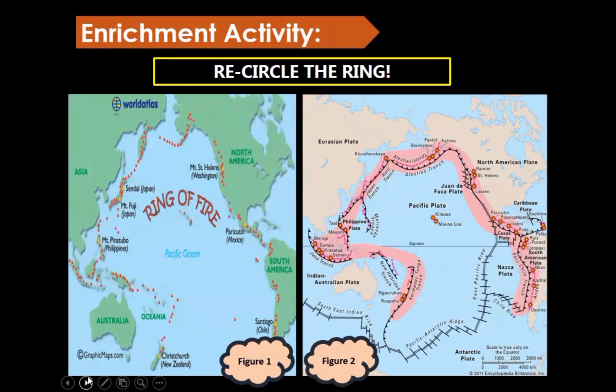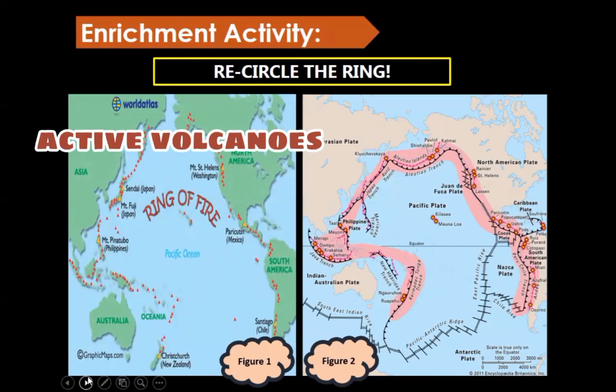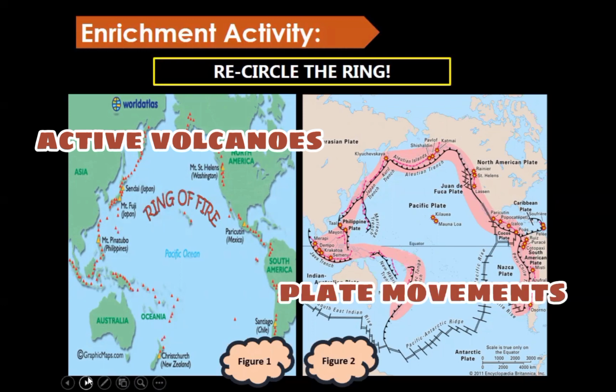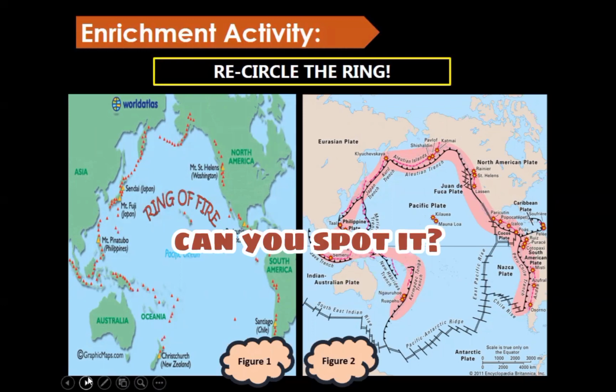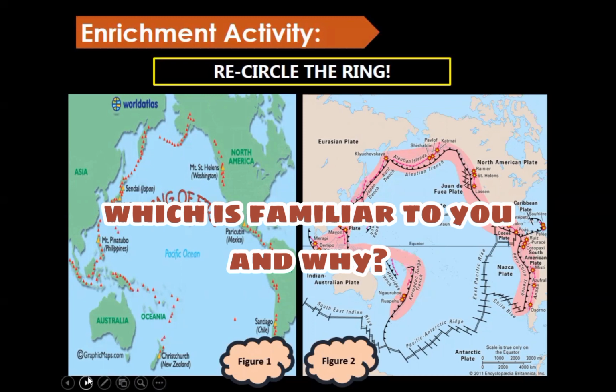You will realize that the active volcanoes shown in figure 1 are also situated in the areas of the plate movements as shown in figure 2. Can you spot it? Using the map in figure 1, which is familiar to you and why?